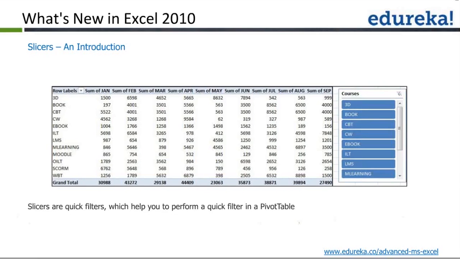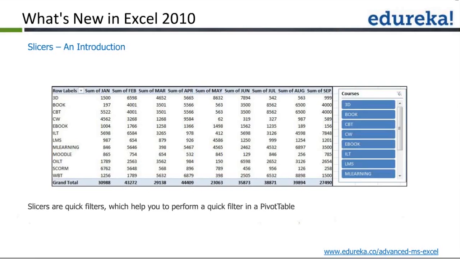Slicers, what happens is that, let's say you have created a dashboard for your audience, for your management, for your office. Now at times they want that dashboard to be interactive. Interactive in the sense that you might have created a sales chart for 1 year, let's say.